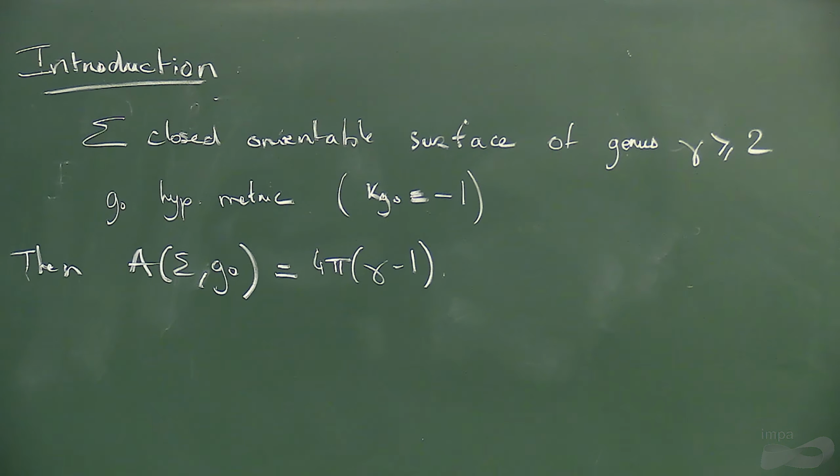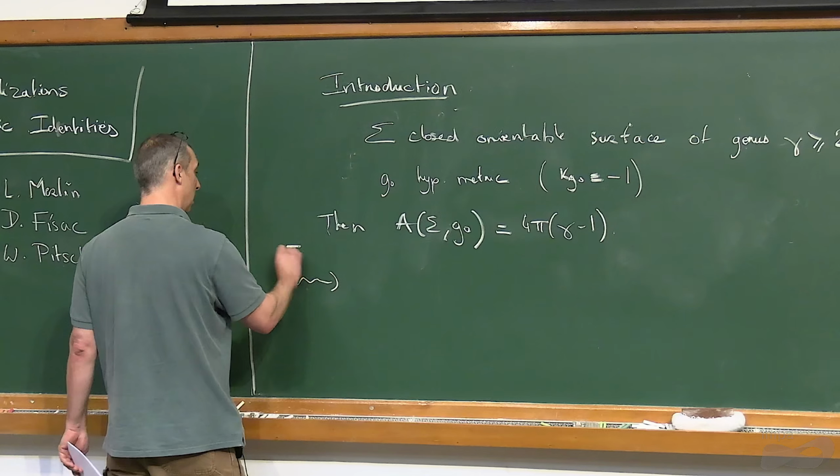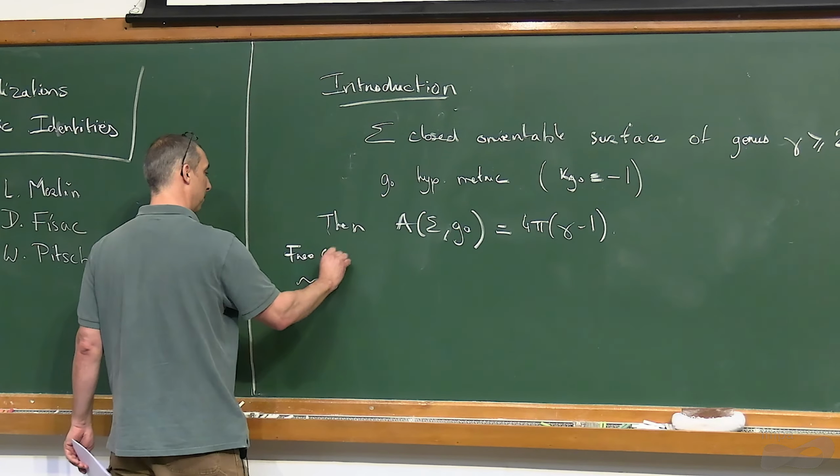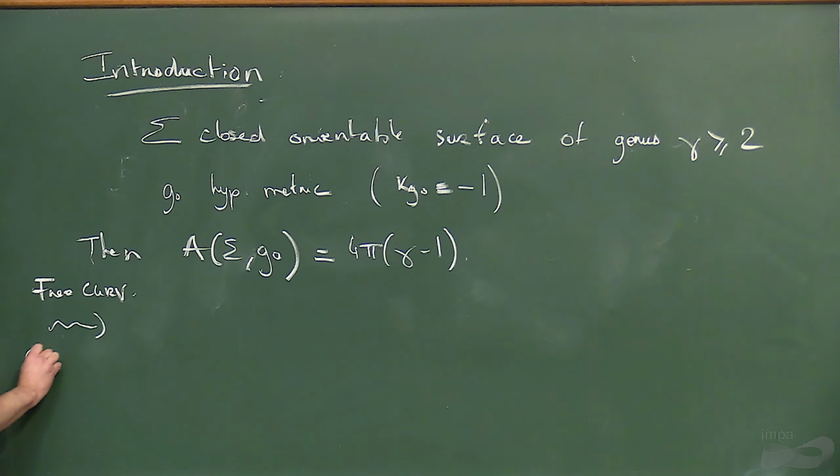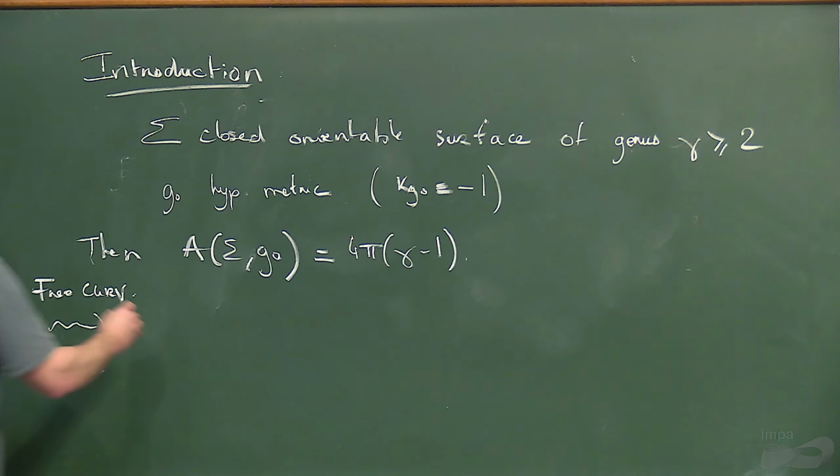So how to get a free curvature generalization of this identity? You have a first way to do it, which is well known, which is the Gauss-Bonnet formula.